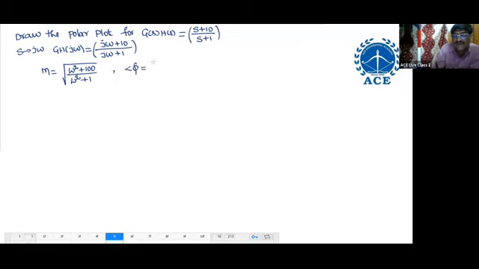The phase angle equals the angle of (j omega plus 10) by the angle of (j omega plus 1), which equals minus tan inverse of omega plus tan inverse of omega by 10. This is the phase plot.